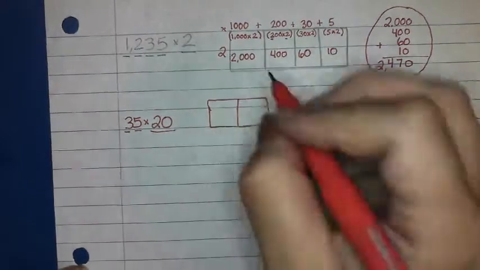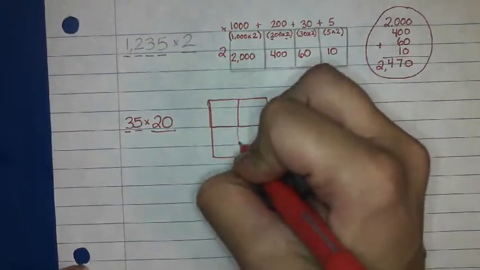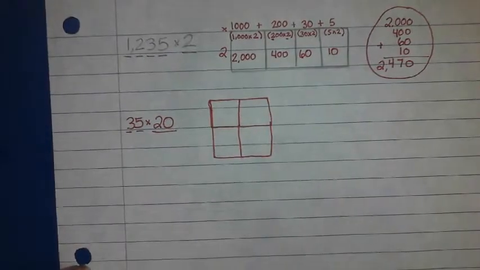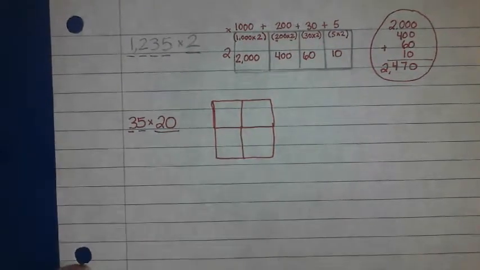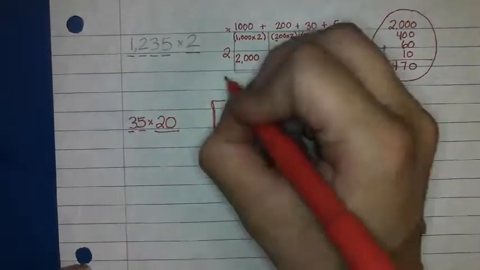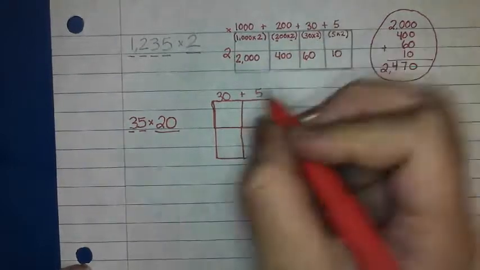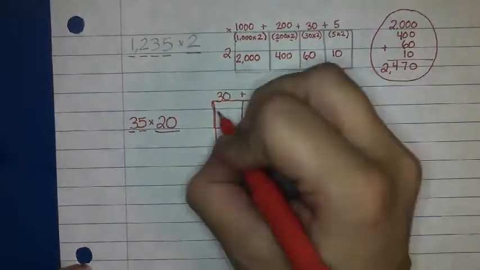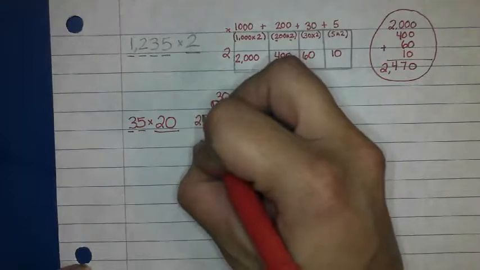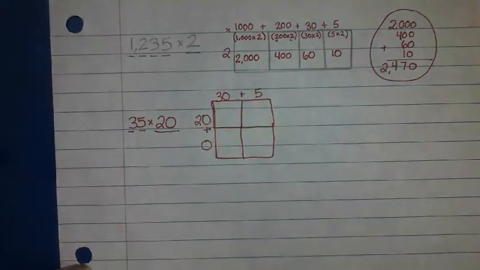And since there's 2 digits here, we need 2 boxes on the bottom. We named it a window, because it looks like a window, to help us remember. And then do the same thing. We're going to take this number and expand it, 30 plus 5. And we're going to take this number and expand it, 20. And since there's nothing in the ones place, we just put a 0 for this one.